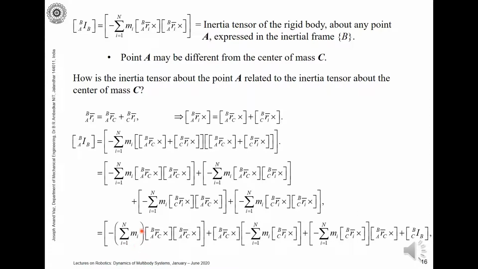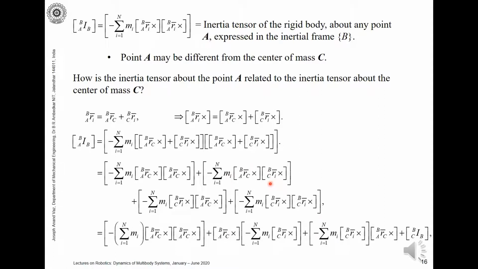So you have here minus summation m_i, which amounts to the mass of the whole body, R_C with respect to A expressed in B cross, R_C with respect to A expressed in B cross, plus this one, again taken out of the summation sign.